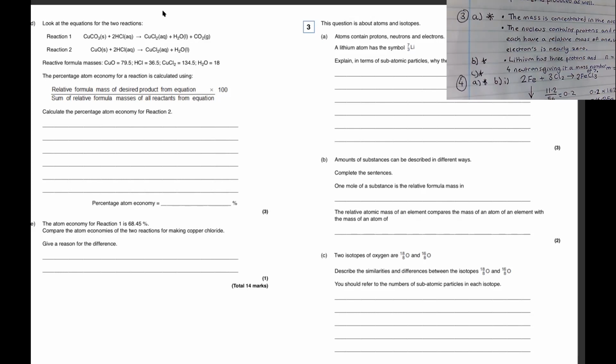No, it can't be 1 gram. It's a cheeky question, isn't it?